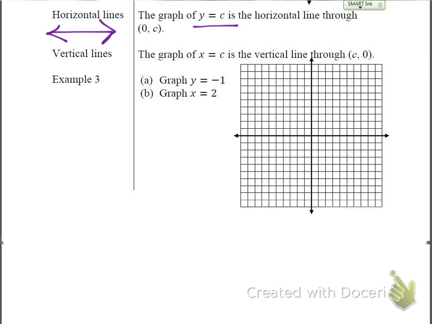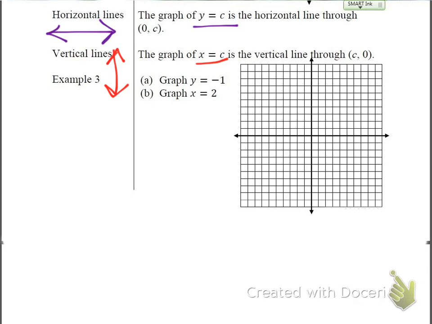So if you have no x and you just have y equals a number, we're crossing the y-axis. So it's going to be a horizontal line. Okay? If we have just x equals a number, no y's, we're crossing the x-axis, which is a vertical line. Okay.